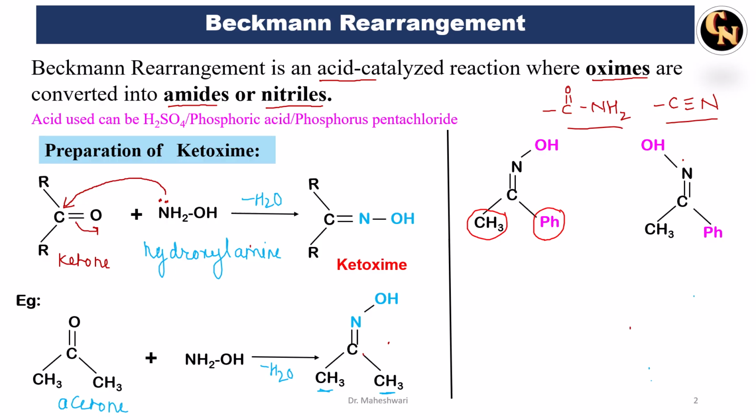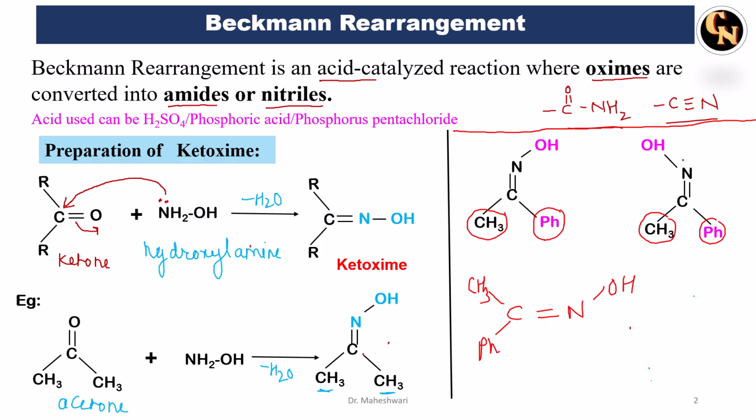Here also in the isomer, one is CH3 and Ph. Now if you see the arrangement of them, you will find that, if I just draw a line here so that you can understand. Okay, it is a ketoxime where C double bond N, there is OH. Here there is CH3, here there is Ph. Only thing is I've shown them vertical.